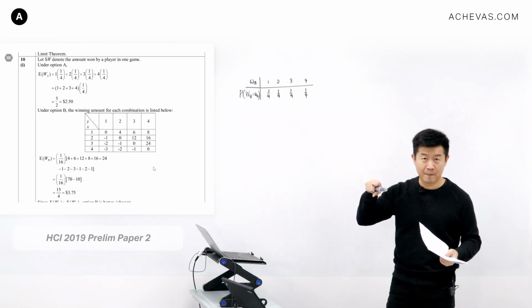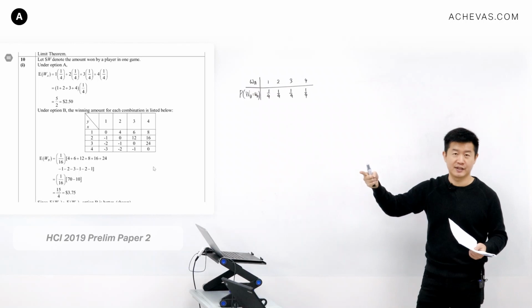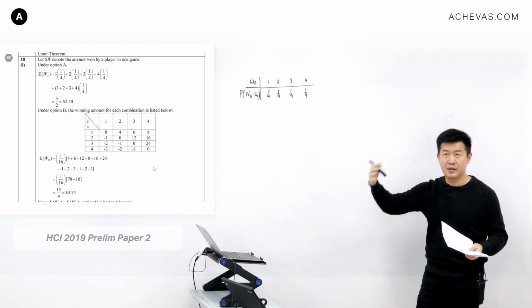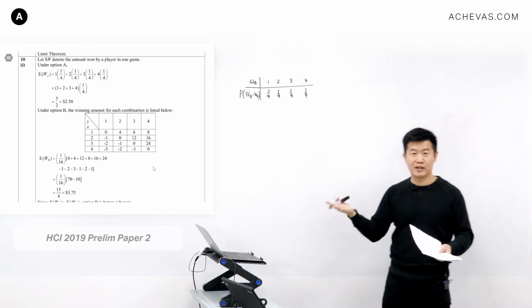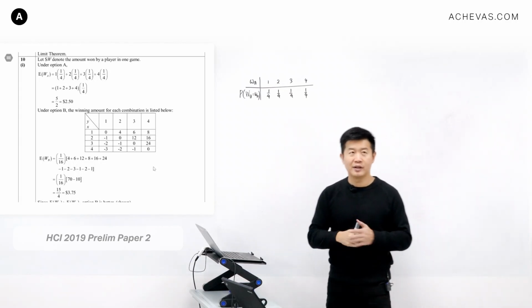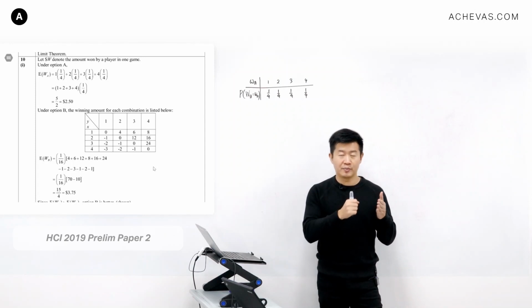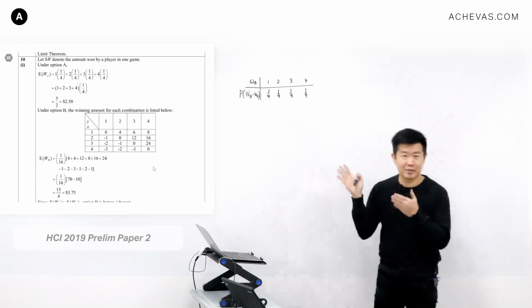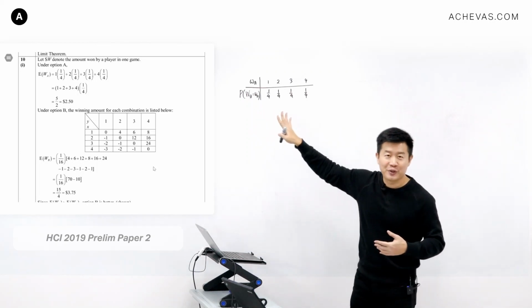And what are they doing? This was another tool that we were saying just now. Tree diagram, Venn diagram. How do we calculate probabilities? We calculate it using permutations and combinations. We can also calculate it by listing down all the possible outcomes. Last week we discussed the power of the grid.